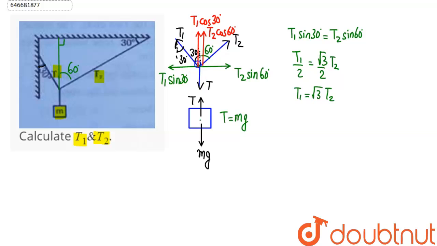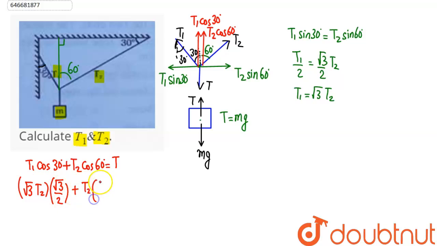For this system along the vertical being in equilibrium, T1 cos 30 plus T2 cos of 60 degree is equal to the tension in the downward direction. Now we have the value of T1 as root 3 T2, so this comes as root 3 T2 into cos 30 value, root 3 upon 2, and cos 60 value, 1 upon 2. Hence the tension is equal to mg.